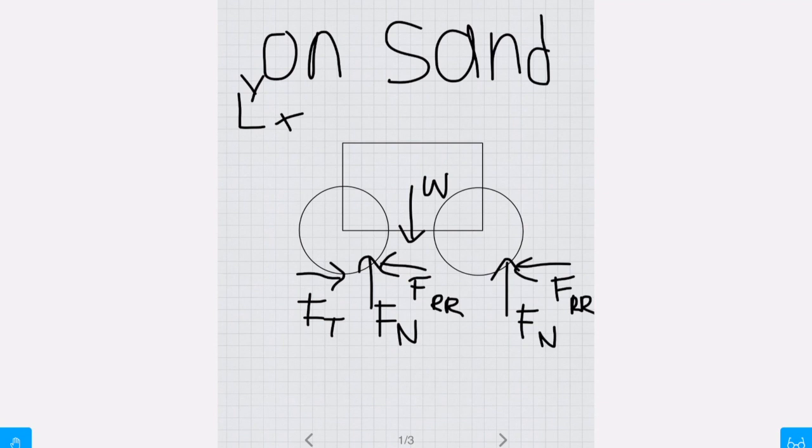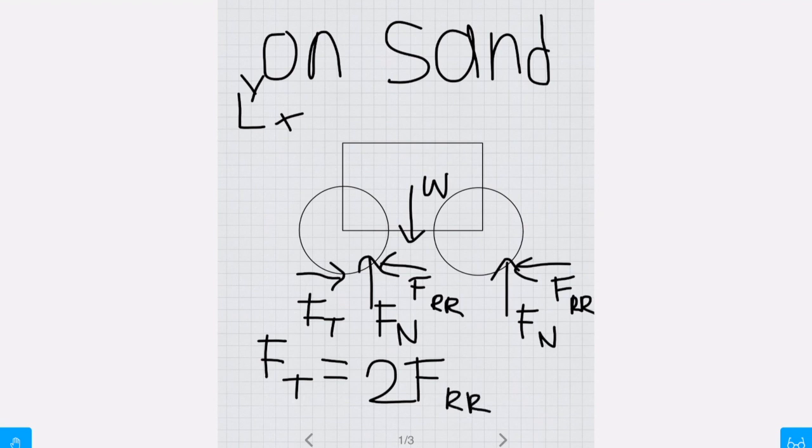Now it's important to note that for this oversand vehicle, the ratio between the tractive force and the rolling resistance is a 2-to-1 ratio. So F of T is going to be equal to 2 FRR.